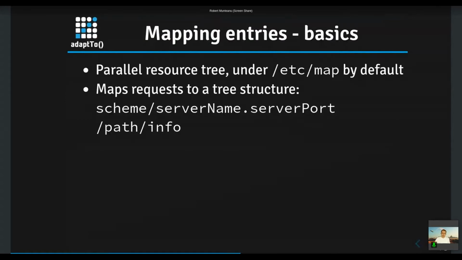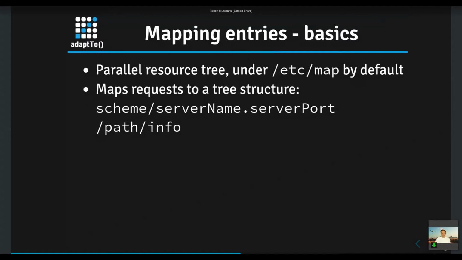Now, aliases and vanity paths are properties set on a resource. There is a different mechanism, the mapping entries, which are based on a completely different subtree in the repository. So we get a resource tree under /etc/map by default. It is configurable, but it is one of those things which are configurable, but you really shouldn't change the default because it's going to confuse everyone and everything.